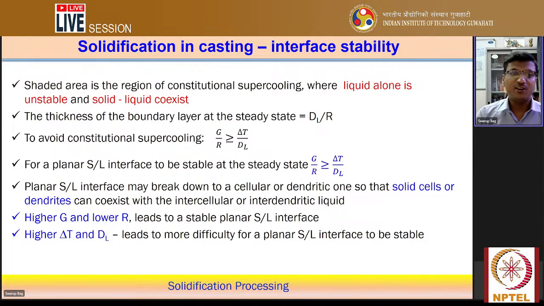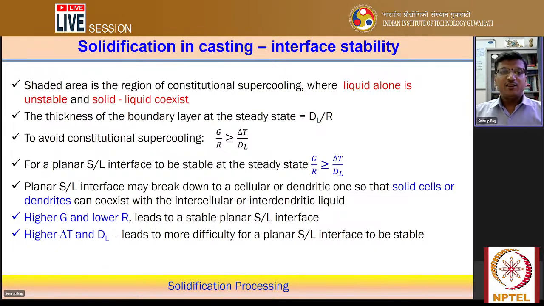In that case, the planar interface is more stable at steady state. So the planar interface is stable if G by R is greater than or equal to delta T by DL. Otherwise constitutional supercooling will be there and the planar interface will be unstable, when G by R is less than delta T by DL. So these are the conditions.